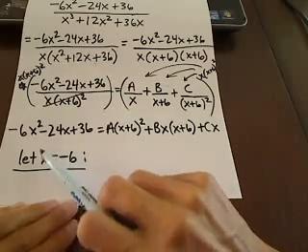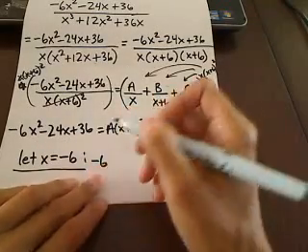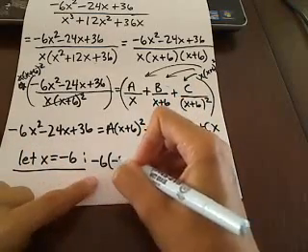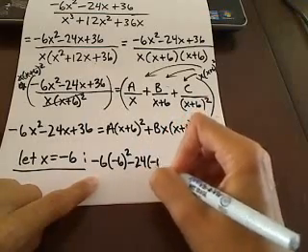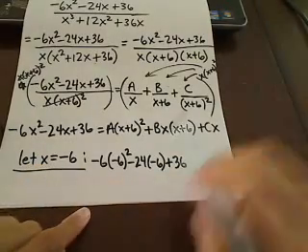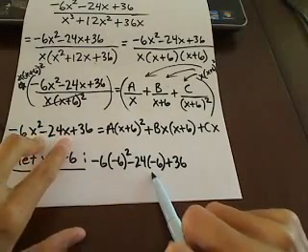So what I'm going to do is everywhere there's an x, I'm going to just plug in -6. So what I have is -6 times -6 squared, minus 24 times -6 plus 36. Okay, so that's just plugging -6 in for the x's.